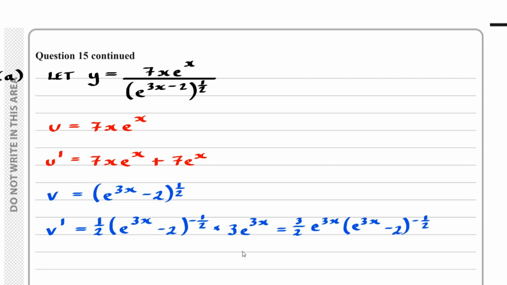If we simplify all this, we end up with 3 over 2 e to the 3x multiplied by (e to the 3x subtract 2) to the power of negative 1/2.